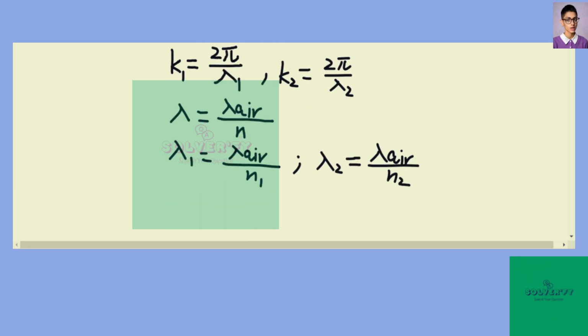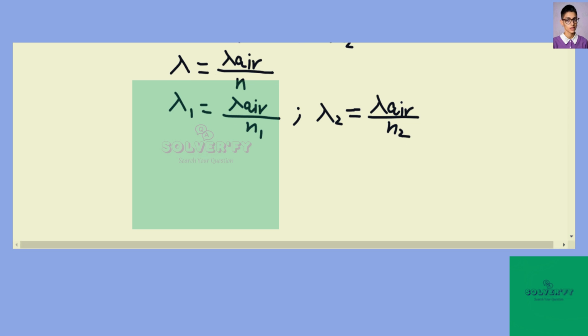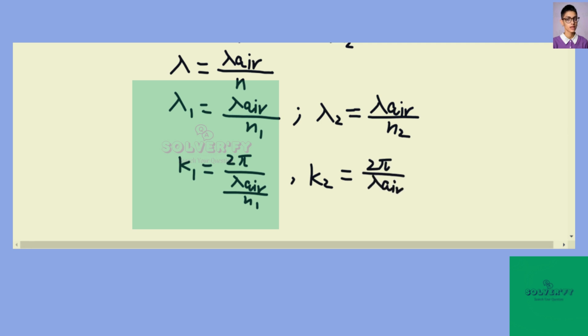So we'll get that K1 is equal to 2 pi over lambda air over n1, and K2 is equal to 2 pi over lambda air over n2.